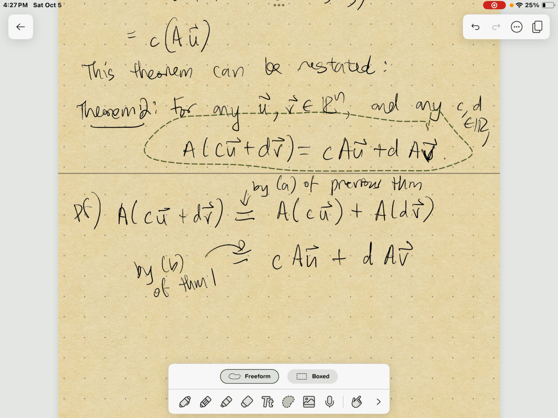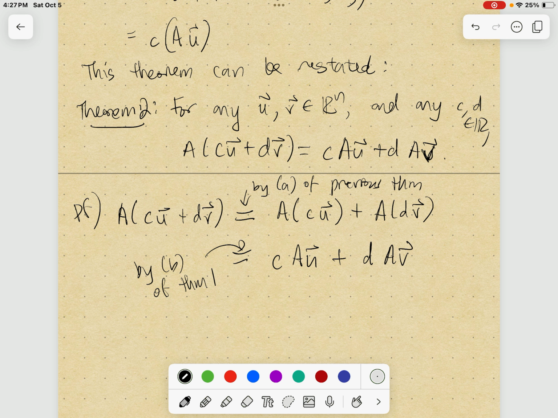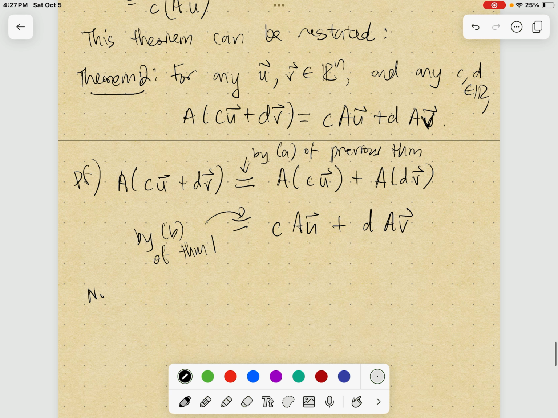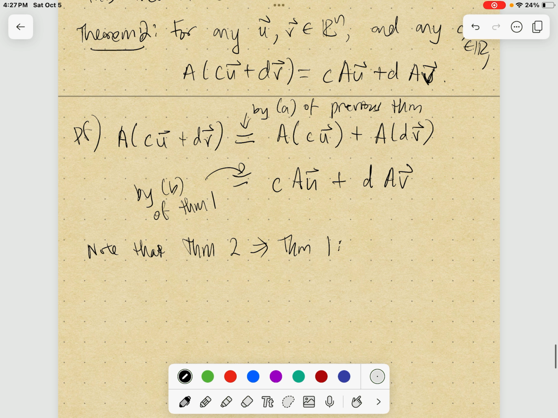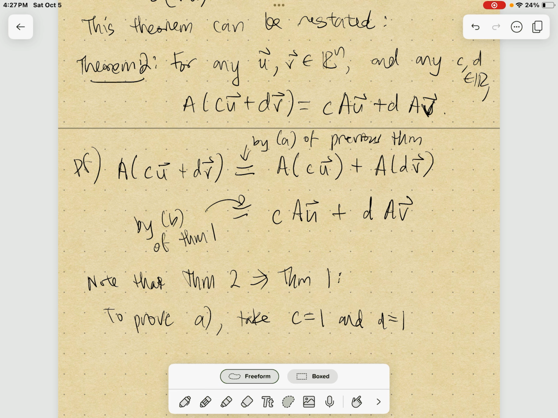So note that theorem 2 implies theorem 1, because to prove part A, just take C equals 1 and D equals 1. If you plug in C equals 1 and D equals 1 into this equation, you just get precisely the statement of part A.